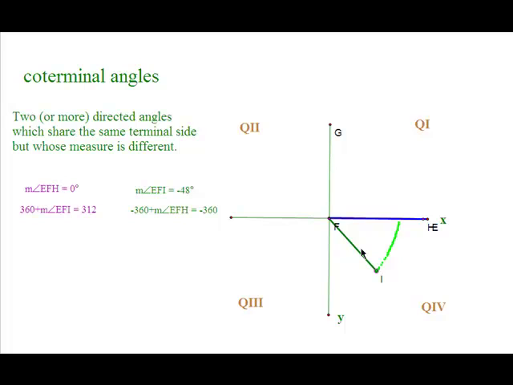Also, we could have gone around 720 degrees, or 2 revolutions, before we came to rest at this terminal side. Negative 720, negative 48, negative 768 degrees.